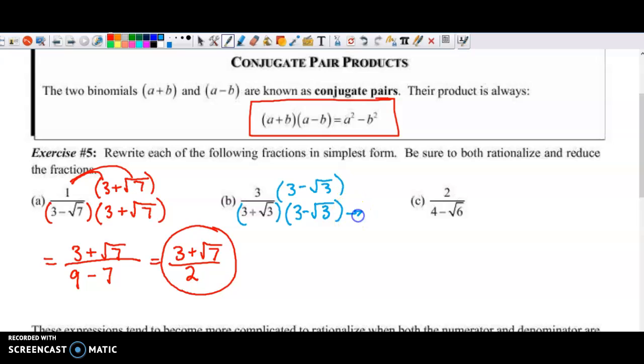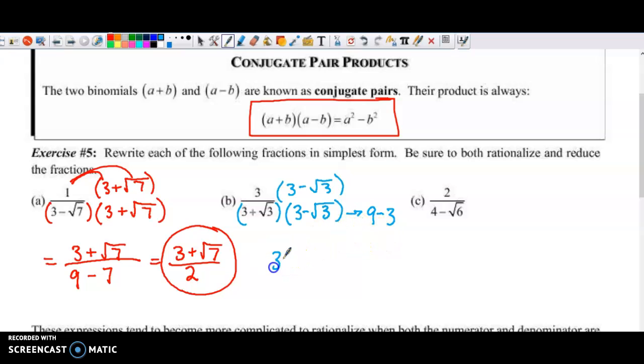I just put an arrow, because I like to mess with the denominator just to see what it equals first. And I get 9. 3 times 3 is 9. Negative 3 root 3 plus 3 root 3 cancel. And then root 3 times root 3 is regular 3. And so what I'm seeing is I get 6 in the denominator.